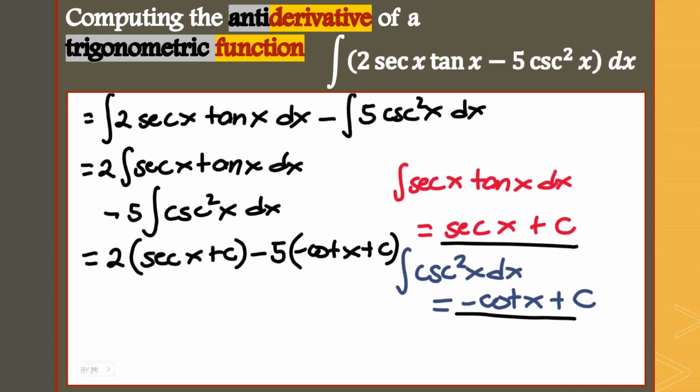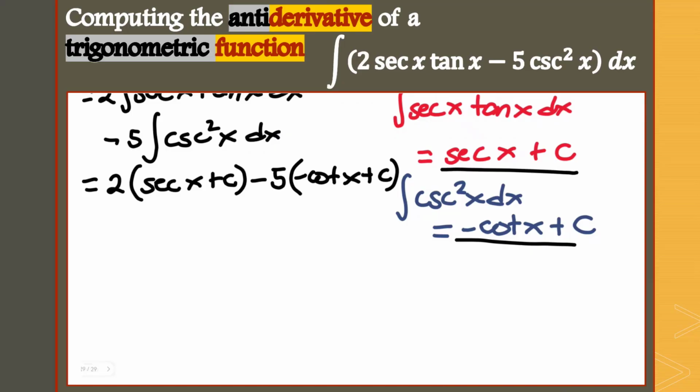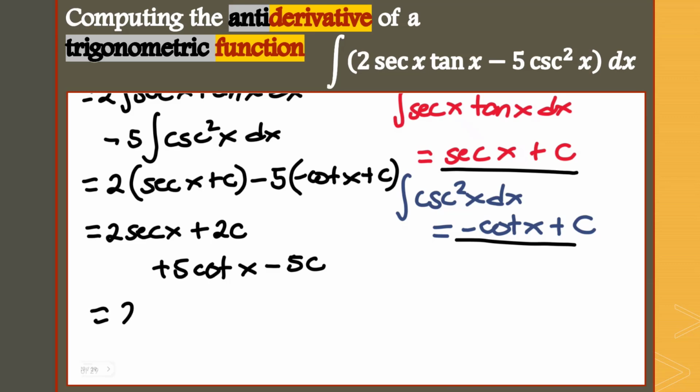Now, moving forward by using the distributive property, you will get a result of 2 secant x plus 2c minus 5, sorry, it becomes positive. Negative times negative is positive, 5 cotangent x minus 5c, which you can write as 2 secant x plus 5 cotangent x minus 3c, right? 2c minus 5c is negative 3c.